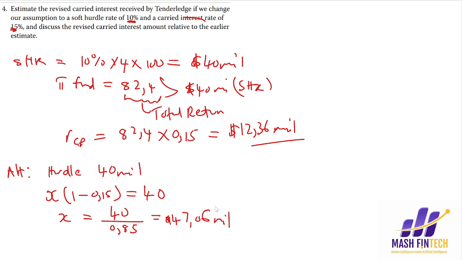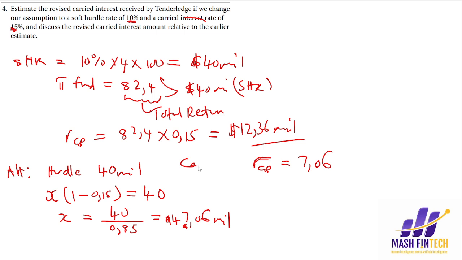What this means is that to get to the hurdle rate, after the hurdle rate has been exceeded, to catch up, this 15% is paid. The 15% paid means that the GP fees are going to be equal to 7.06. The GP fees are going to be 7.06, and then beyond this, the catch up.